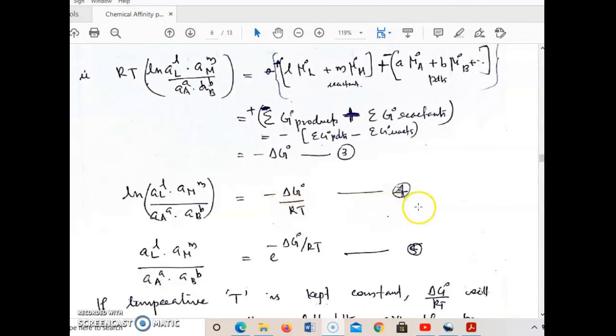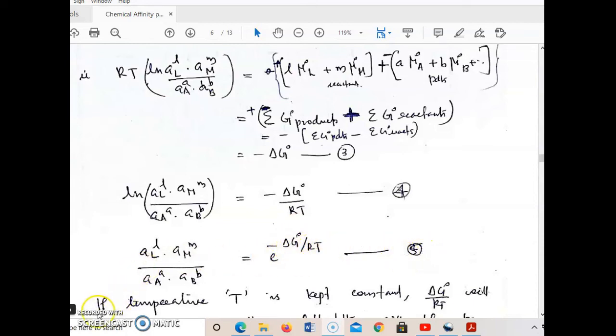That is equation 4. Now we are removing these natural logs. So we have AL raised to L into AM raised to M divided by AA raised to A into AB raised to B is equal to e raised to minus delta G0 by RT.